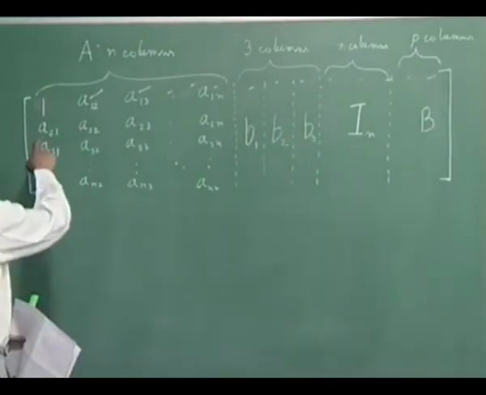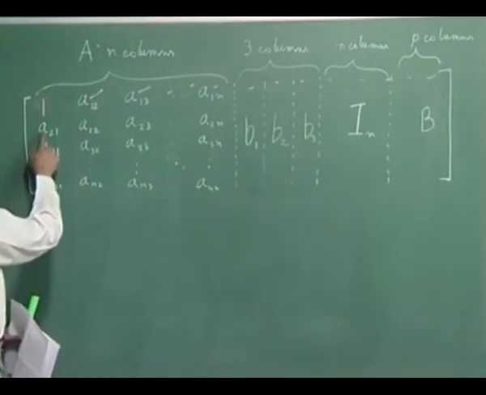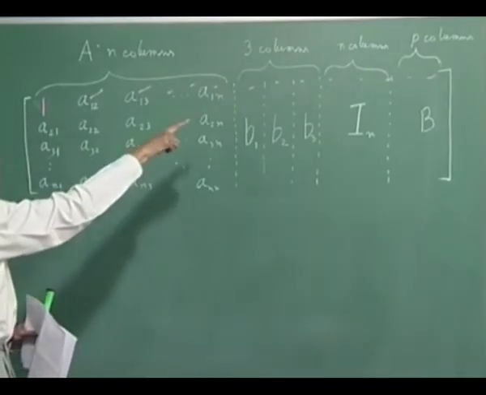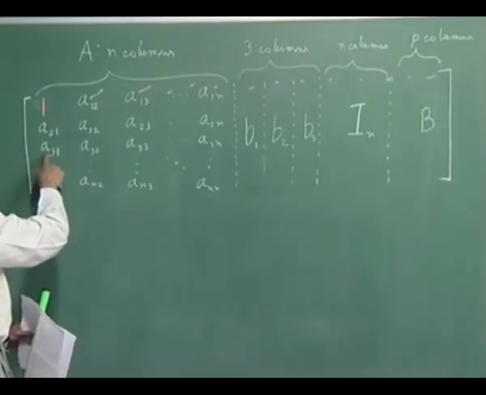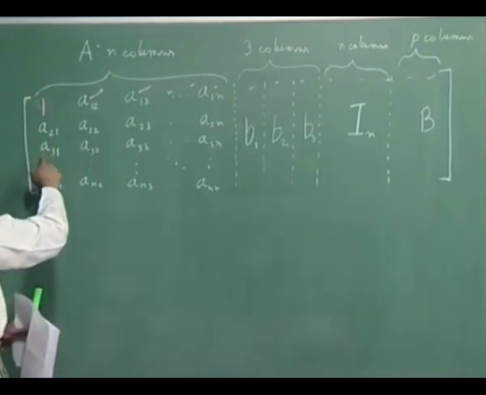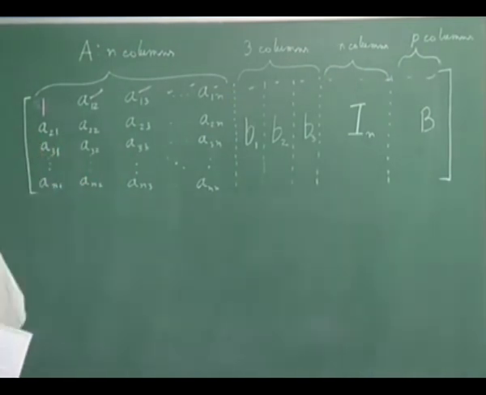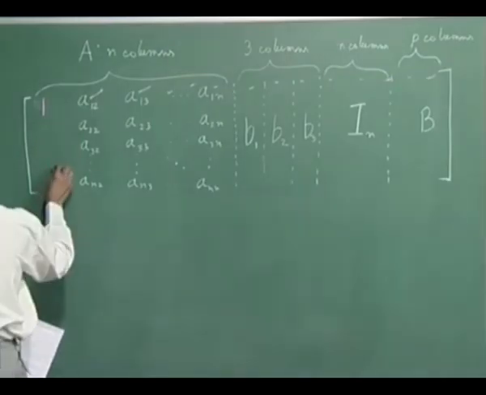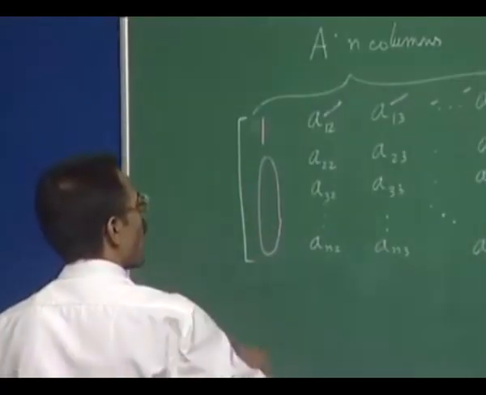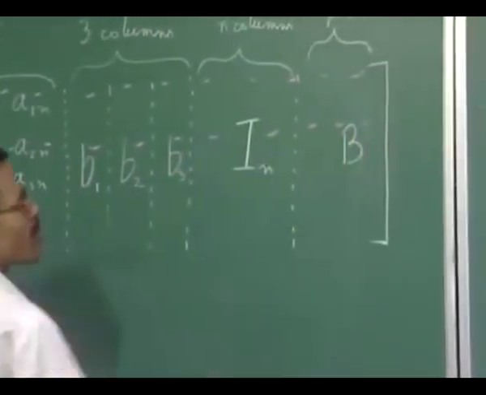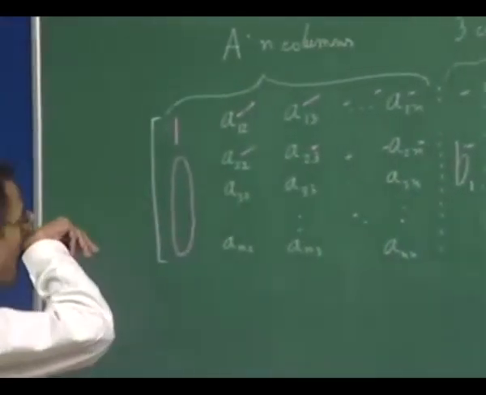Next, we want zeros here. In all these locations, we want zeros. Then we multiply the first row with A21, A31, etc., and subtract from the second row, third row, and so on. In the process, these fellows become 0, and these undergo changes. Whatever changes, we record them.